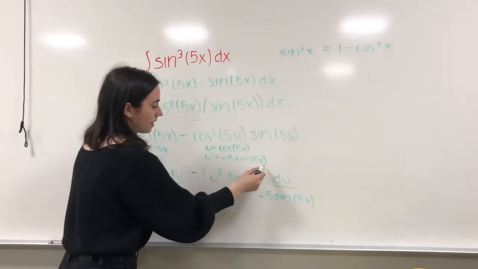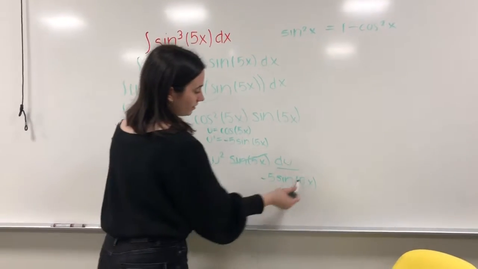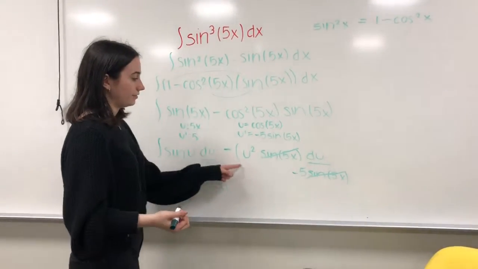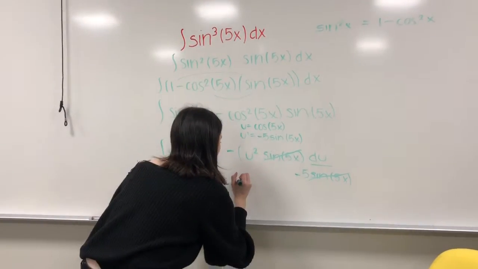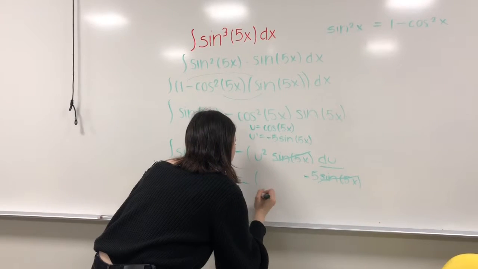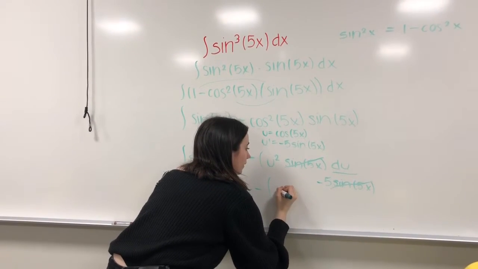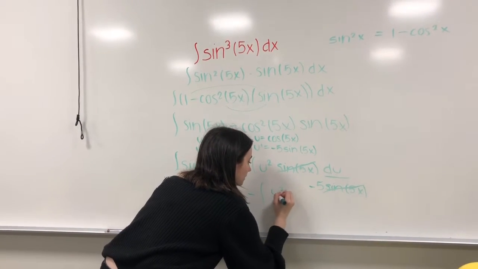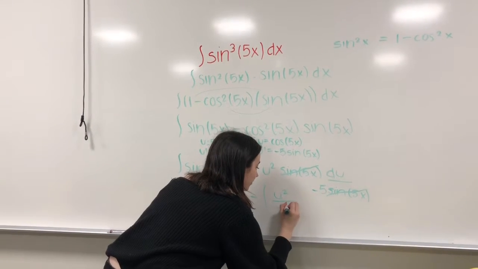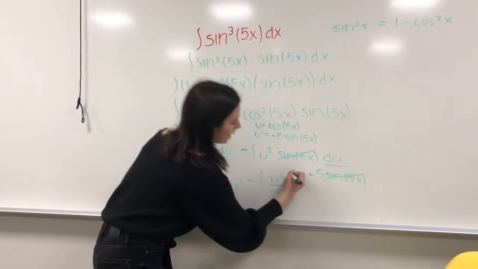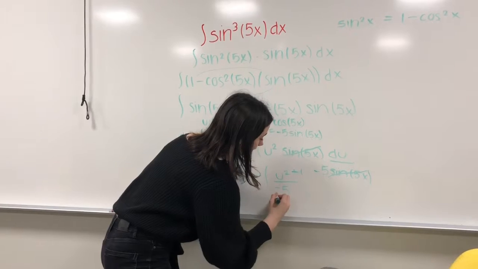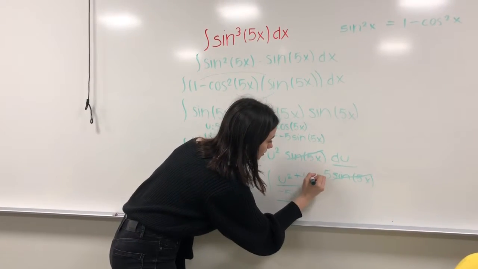We can cancel our sin 5x and we are left with u to the power of 3, divided by the same one, which is 3.